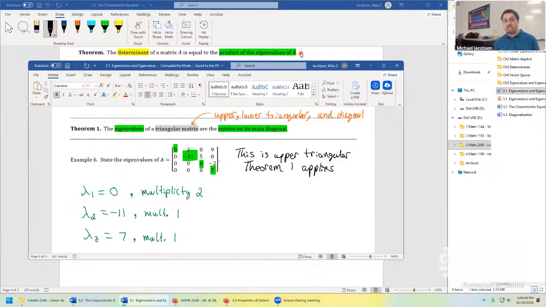This is not a proof, but it gives us a thought that that's a pretty good idea. The way you would actually prove it is just work with the characteristic equation. I'll leave it to you in the reading, since doing a big derivation right before a holiday just doesn't seem like a fun thought. So I'll leave that derivation of this theorem to the reading for you folks. This just makes it seem plausible.